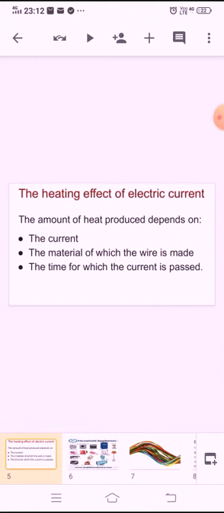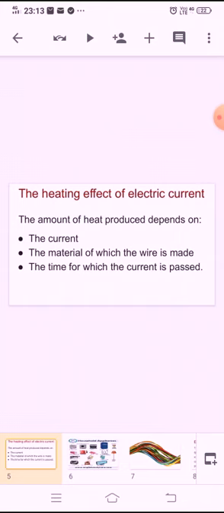What are some materials used in electrical wiring? Electrical conductors are made up of metals such as copper, aluminum, etc. These metals are used to make wires. Third one, the time for which the current is passed.